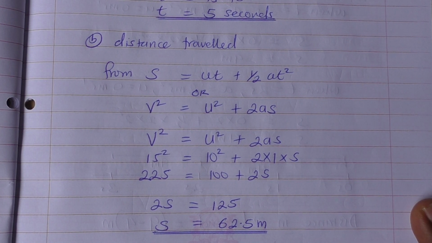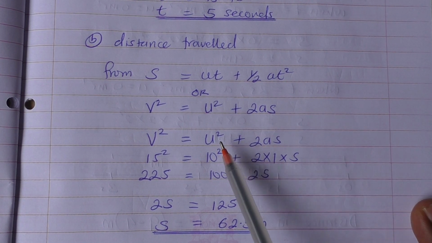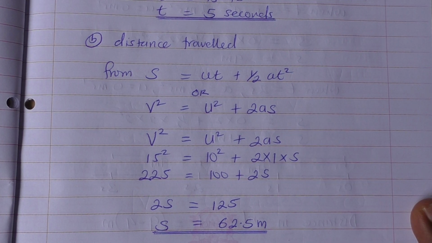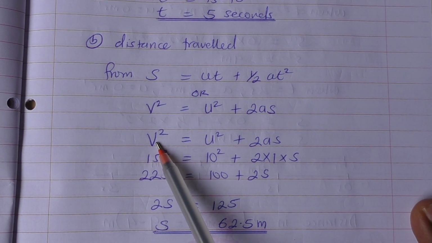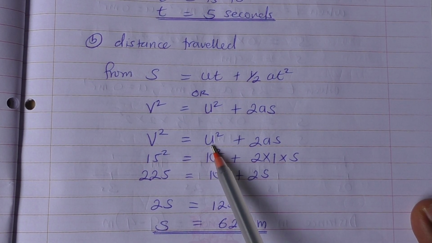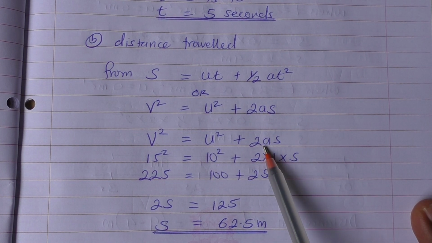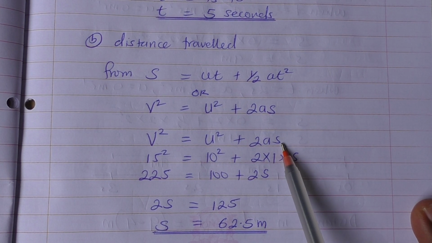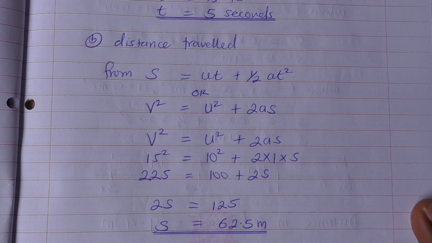So to minimize the errors, we better substitute in the third equation, where we have the final velocity v, we have the initial velocity, we have the acceleration, therefore we can get the displacement s.